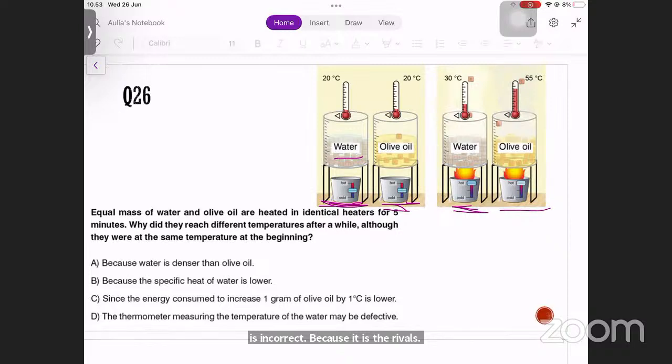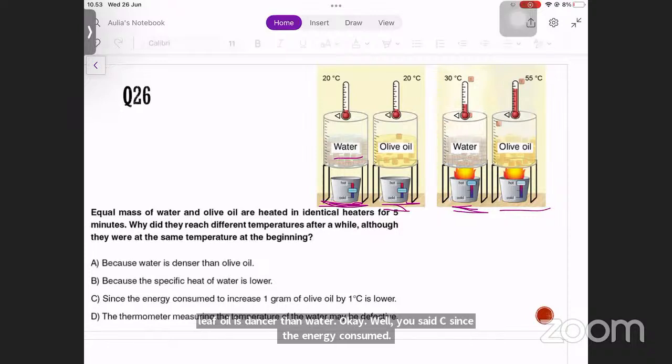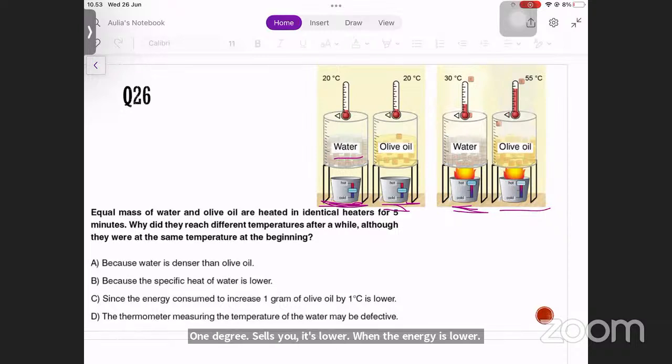Well, you said C, since the energy consumed to increase 1 gram of olive oil by 1 degree Celsius is lower. When the energy is lower, it will not get hotter easily. Do you understand this one?